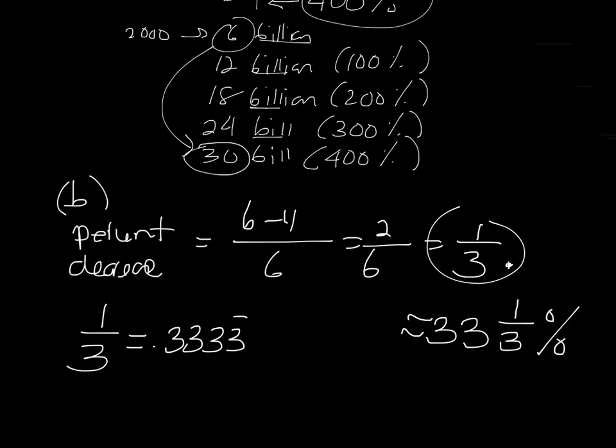So if you want to change it to a percent, your decimal would be right there. So 33, and again, that's just another 1/3%. So the projected percent decrease in world population is 33%.